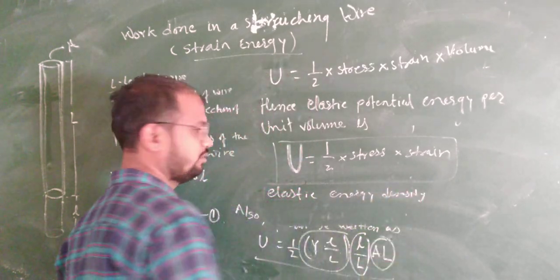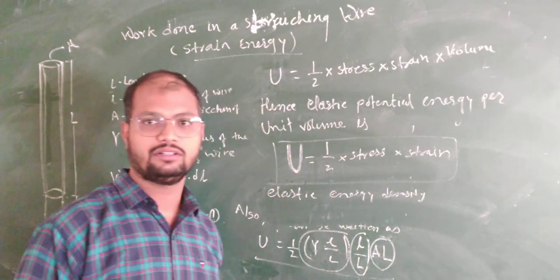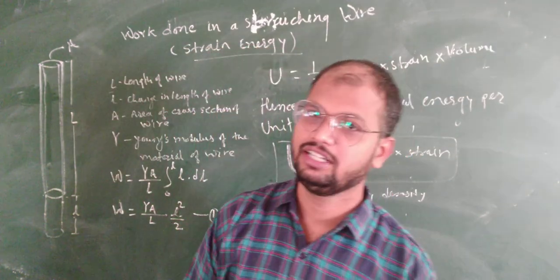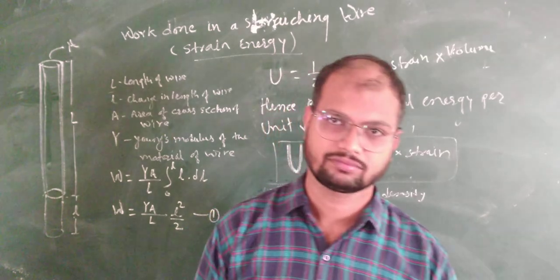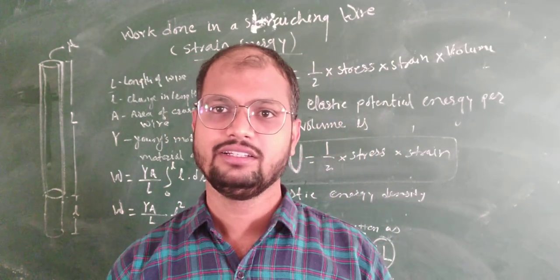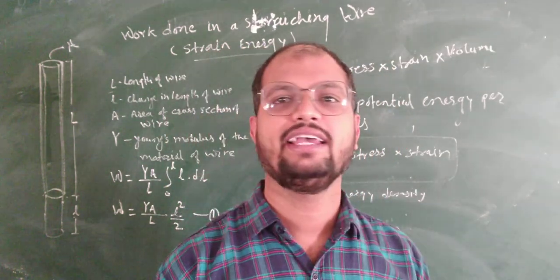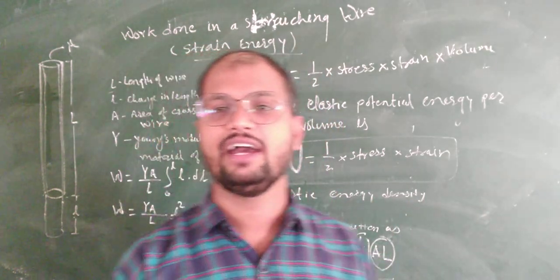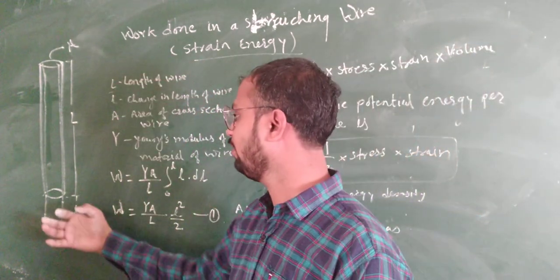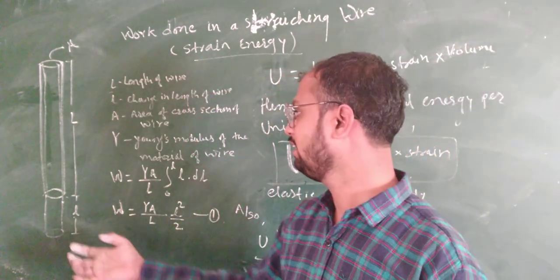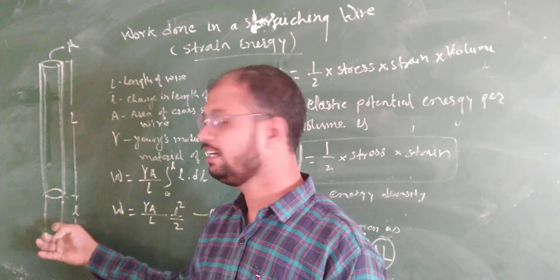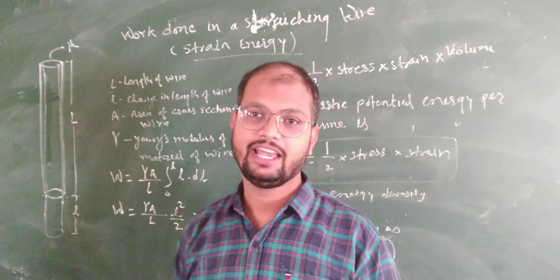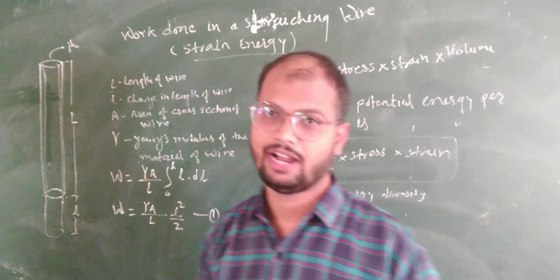Okay, so how can we derive this expression? First of all, we consider an elastic wire of length L. When we apply a force, some work is done. This wire is fixed at one end, and when we apply a force to the other end, the wire is extended by a length small l, and A is the cross-sectional area of the wire.